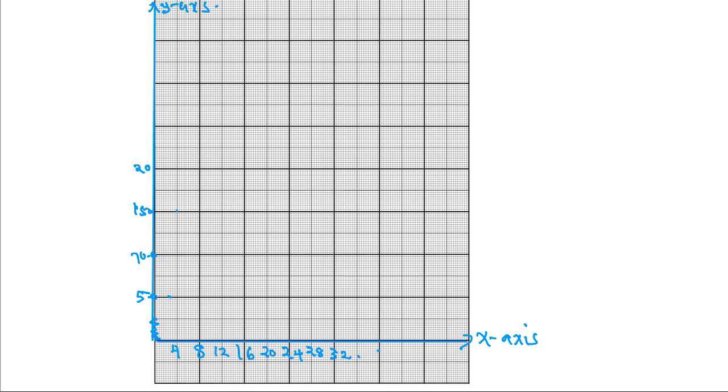Then we plot. There is 4 and 19. Then we have 8, 20.5. Then there is 12, 21.5.